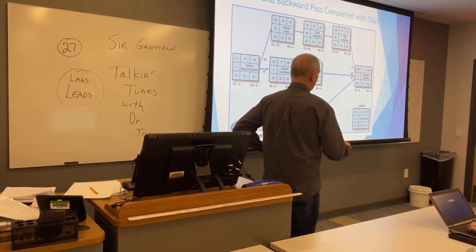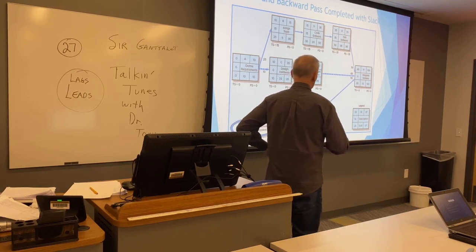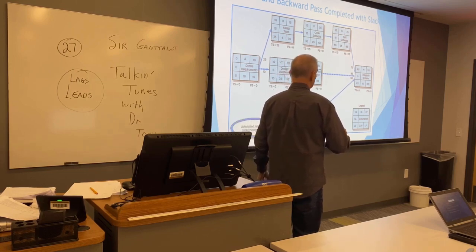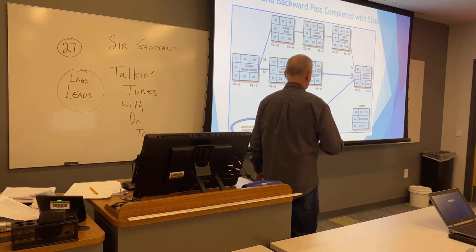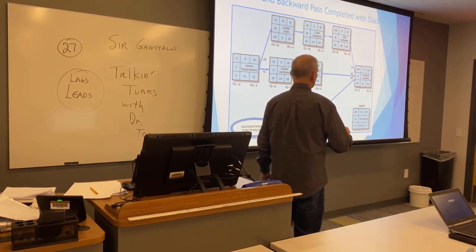So look at this. There's no slack here, right? And there's no slack here, is there? Because 35 minus 35 is 0, 85 minus 85 is 0. But, as I alluded to, we have slack here, and we have slack here. Okay? Because 50 minus 35 is 15, 85 minus 70 is 15.